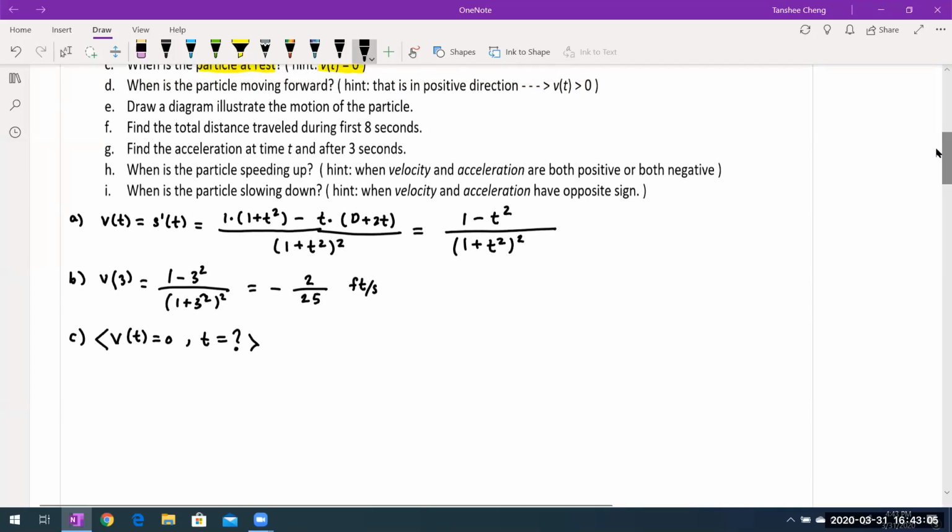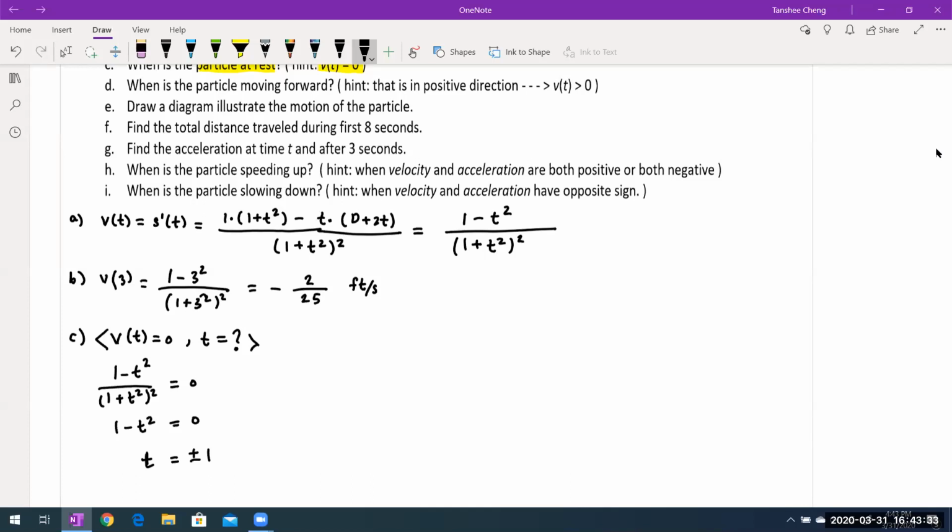So v of t, that is basically 1 minus t squared all over 1 plus t squared quantity squared, that is equal to 0. So when I multiply both sides by the denominator, that gives me this, and I got t equal to plus or minus 1.